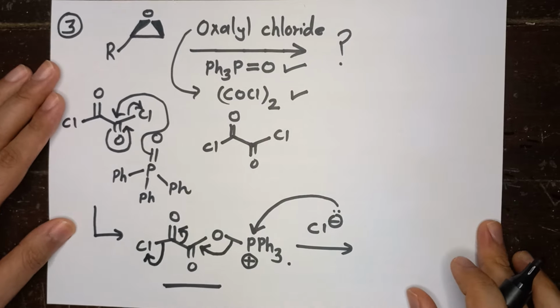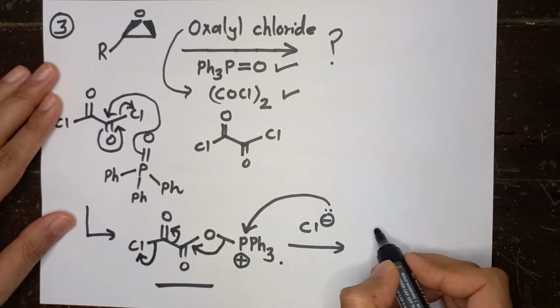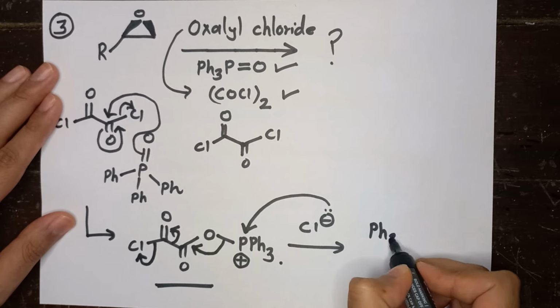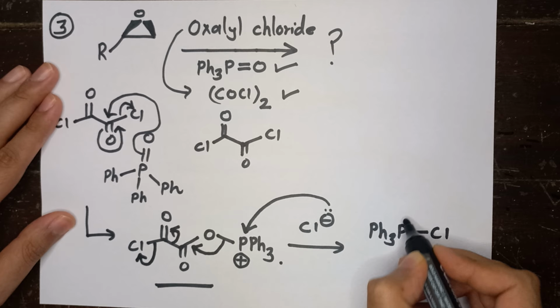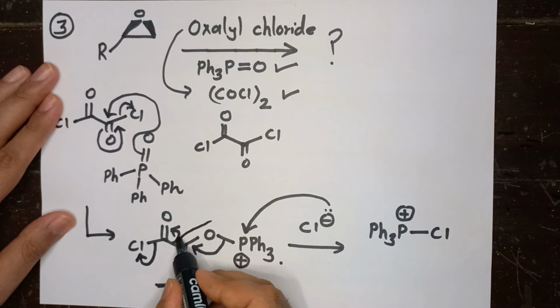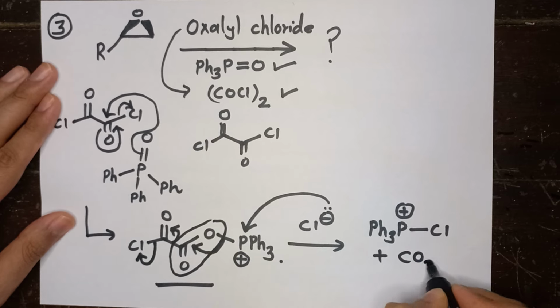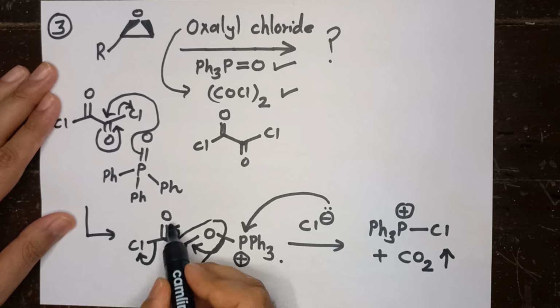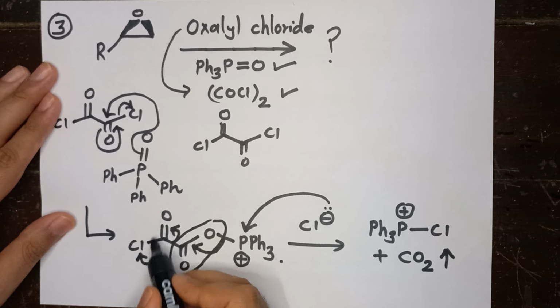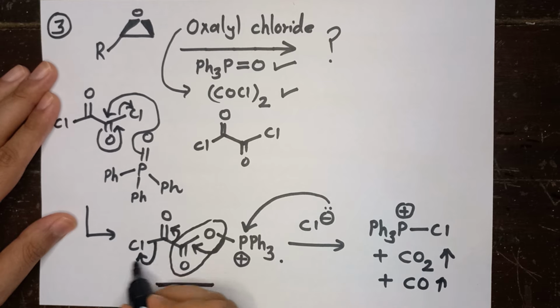So let's draw the possible products we are getting out of here. This Cl is getting bonded with phosphorus, so we have Ph3P bonded with Cl, phosphorus getting a positive charge. We are forming CO2 here, so we are eliminating CO2 as a gas. We are forming CO, carbon monoxide, which also is eliminated as a gas, and we are also eliminating the chloride ion.